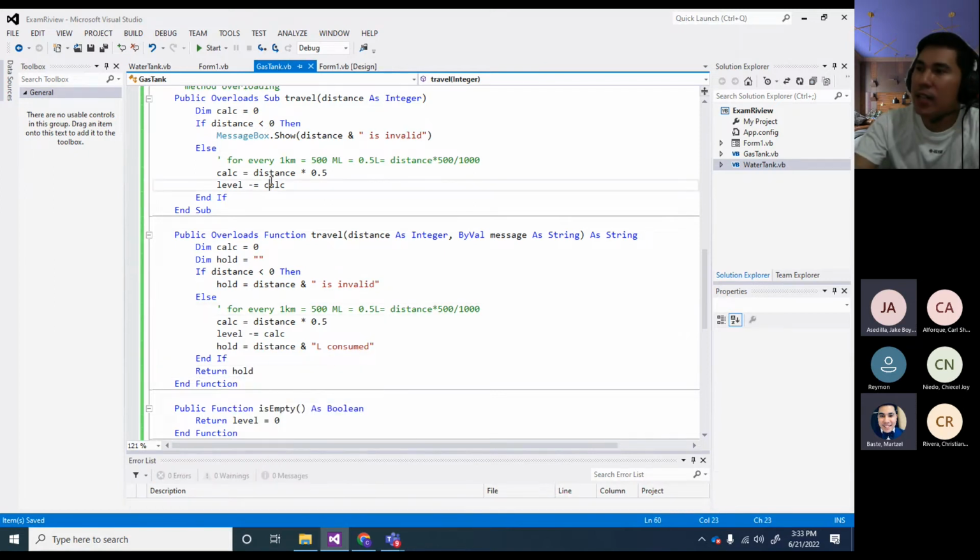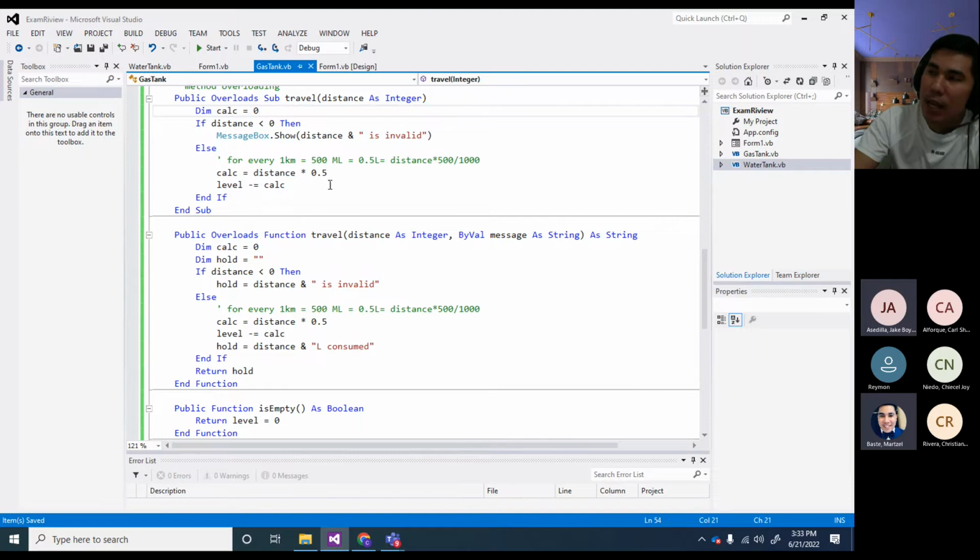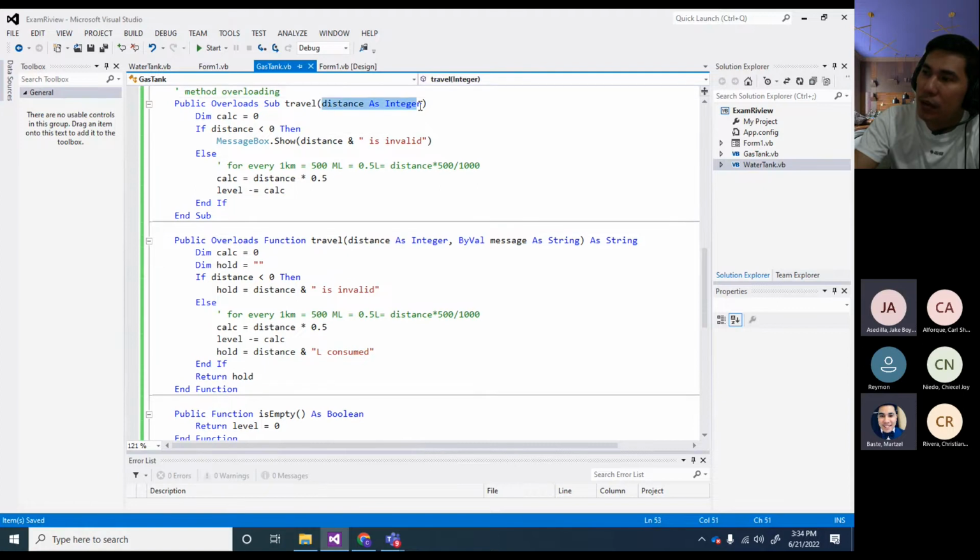As you can notice, I have two methods which are both named travel, only that they have two different behaviors. The first one returns a string value and has two parameters, while the other one has only one parameter.